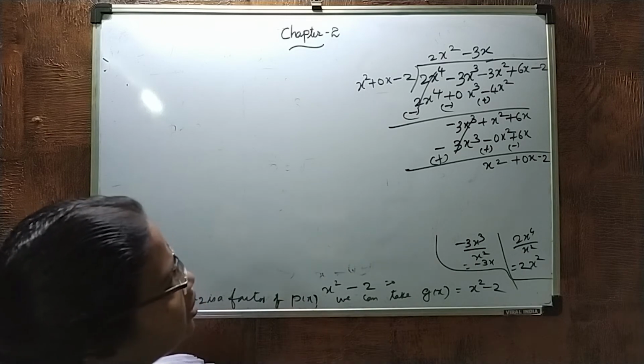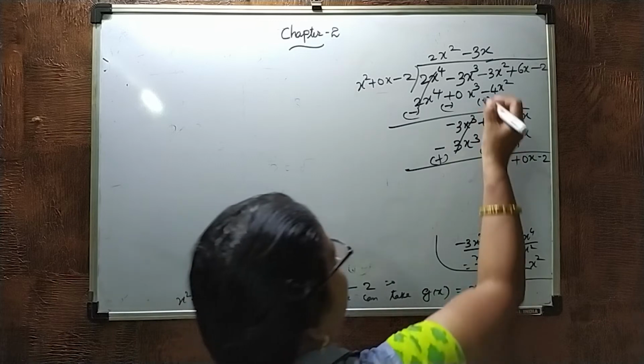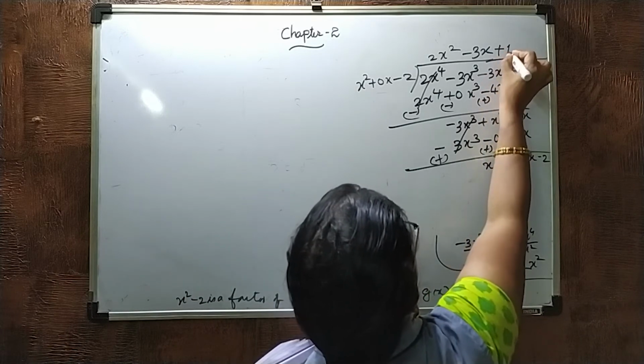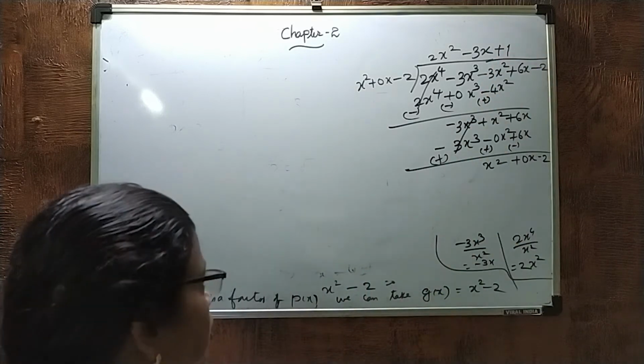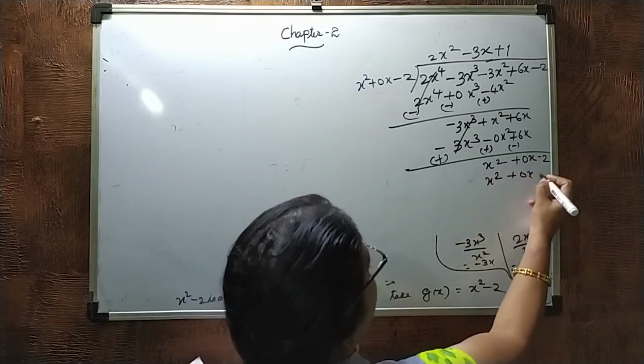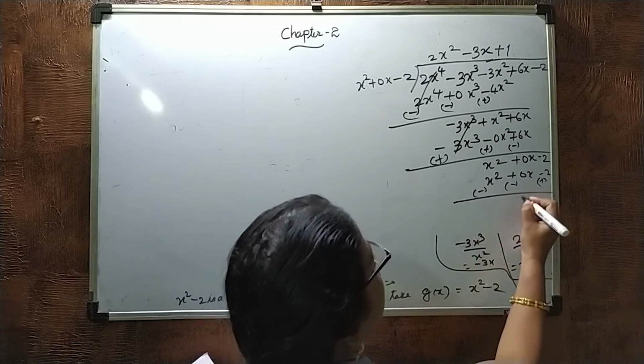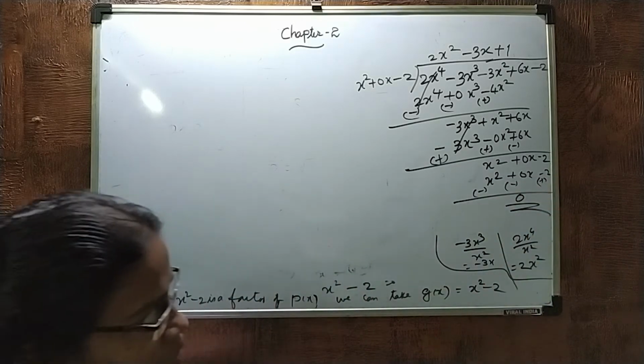Again you have to divide x^2 by x^2. It will be 1. So just multiply 1 with x^2 plus 0x minus 2. Take the additive inverse. All the things will be cancelled. Right.